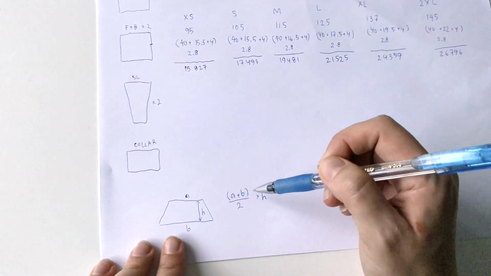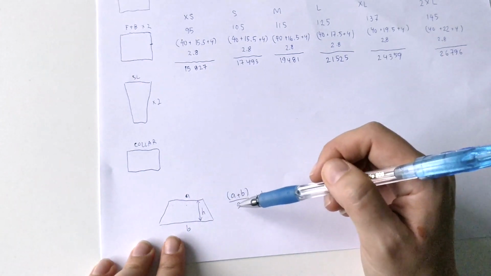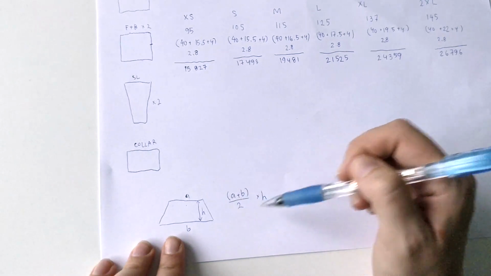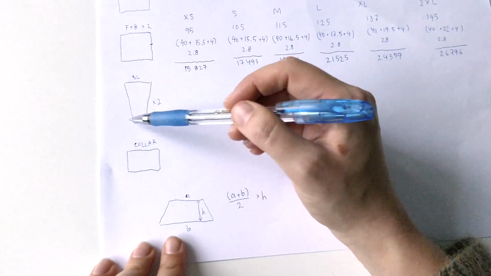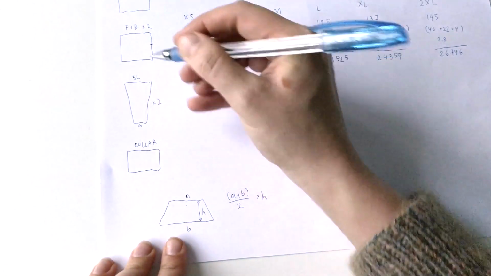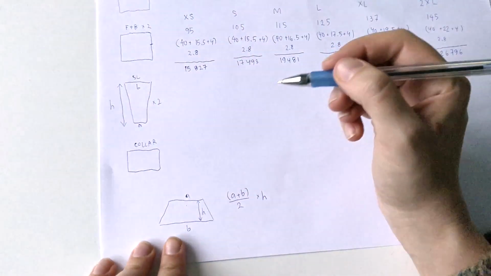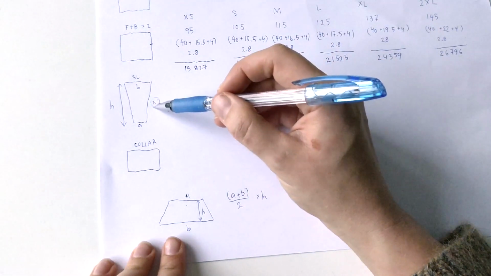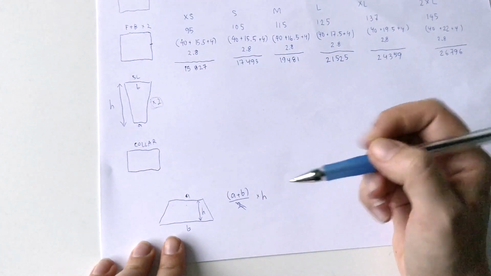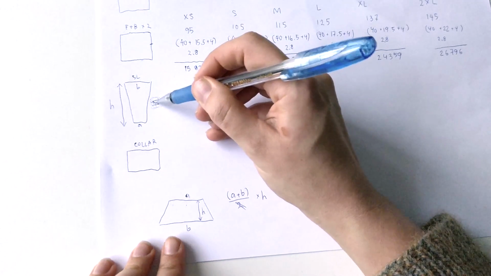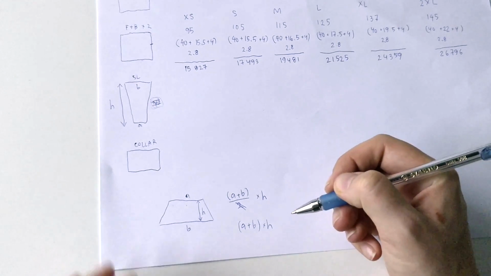So you calculate that as A plus B, so this plus this divided by 2 times the height of the whole piece. So it's pretty much the same for this one. This is kind of like the A and this is the B, and then you have the total length of the sleeve. But since you will have 2 sleeves, I usually eliminate this divide by 2. So it's just A plus B times the height of the piece.